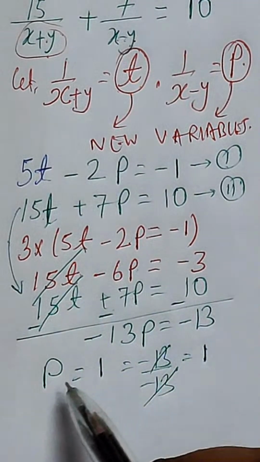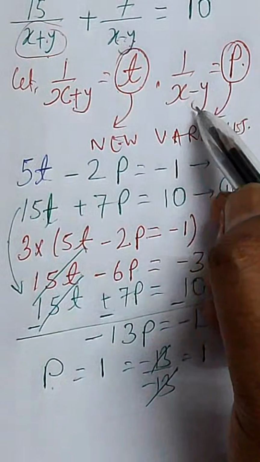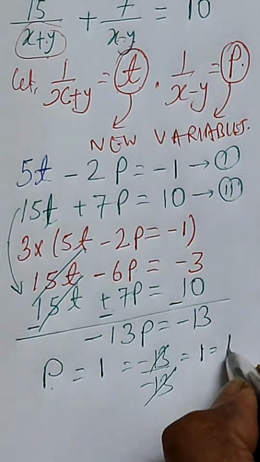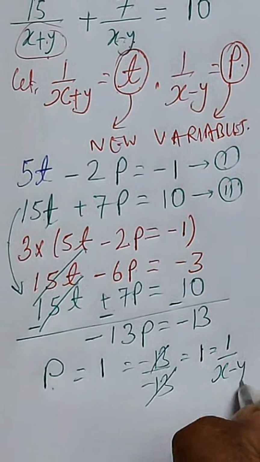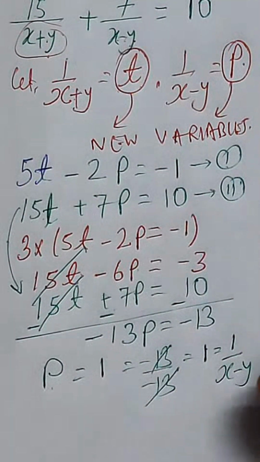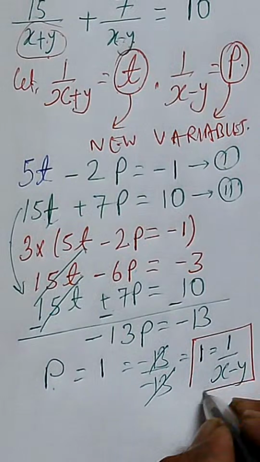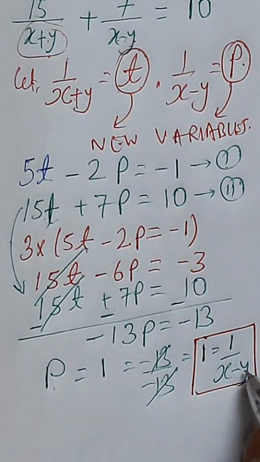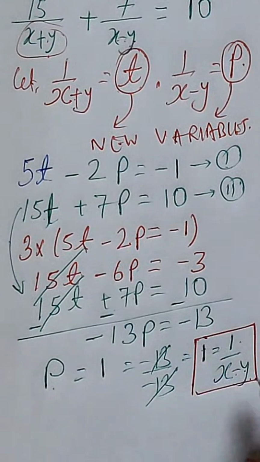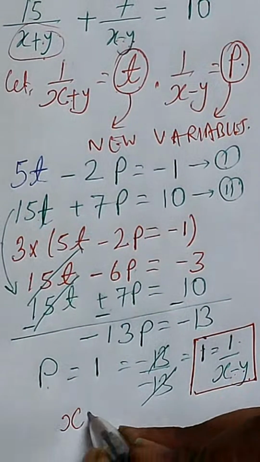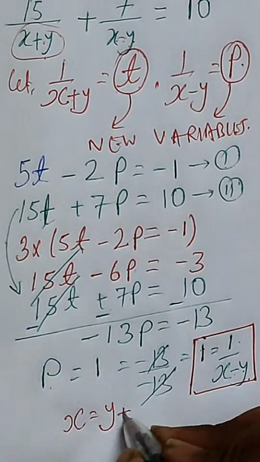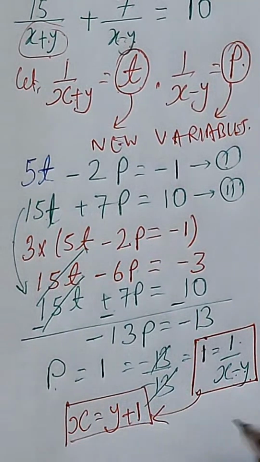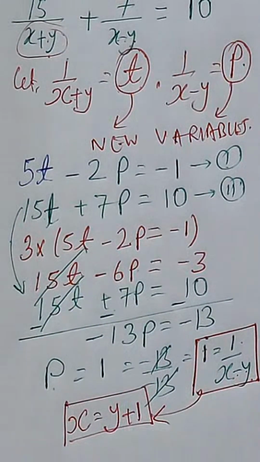But this p is the value of 1 by x minus y, so this is one of the relations which is derived over here. So this can be written as x minus y equal to 1 or x equal to y plus 1. This is the same equation, x equal to y plus 1, right?